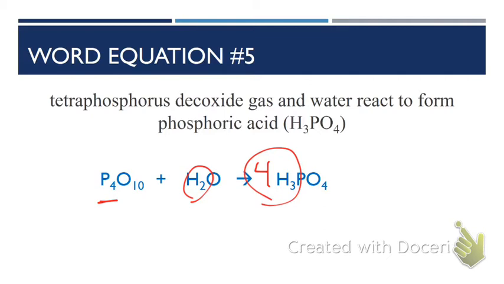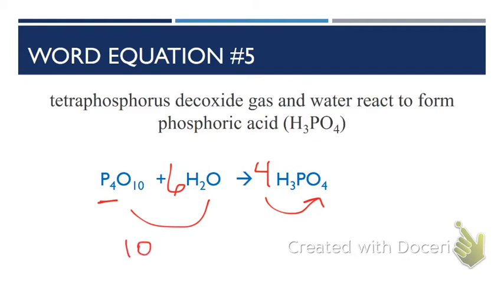Over here I have 12 H's. So let's go ahead and put a 6 here. And then O's, I have 16 O's here. And on this side I have 2 different O's. I have 10 here and 6 here. Oh, that's 16. So because I took care of my H's first, my O's just worked themselves out. That was awfully nice of them. So 1, 6, 4.